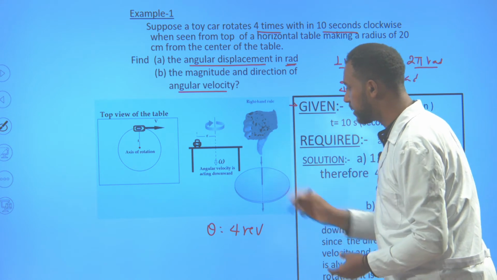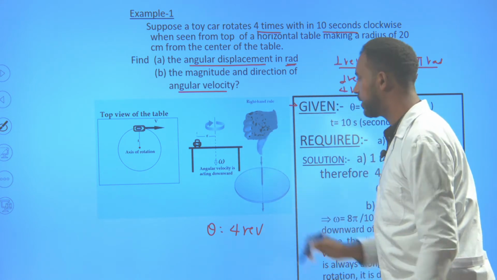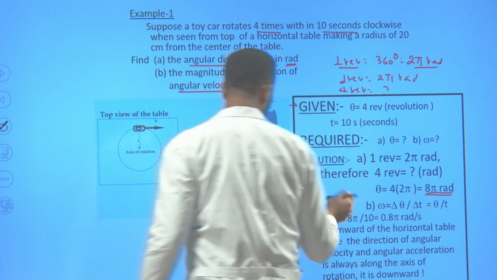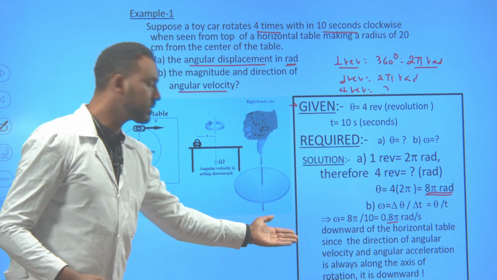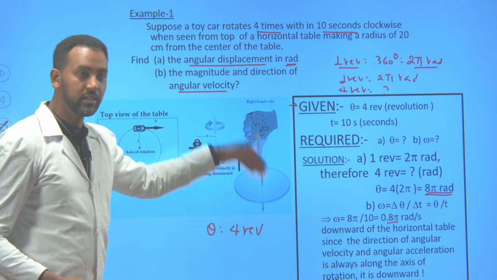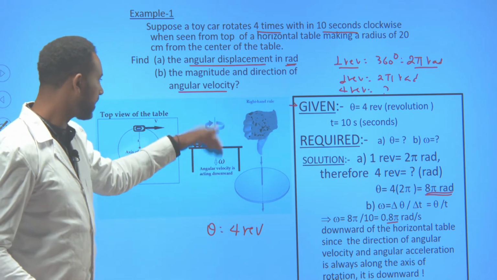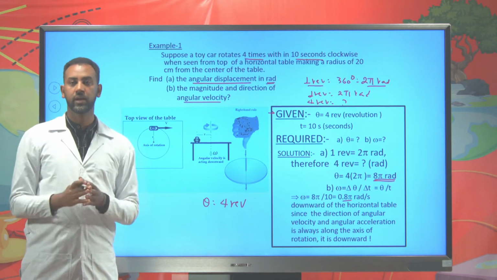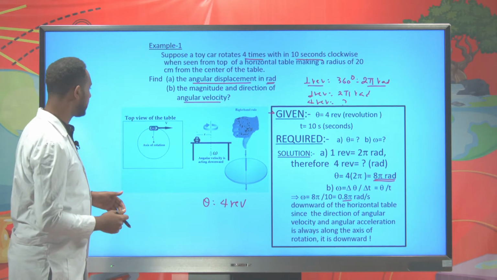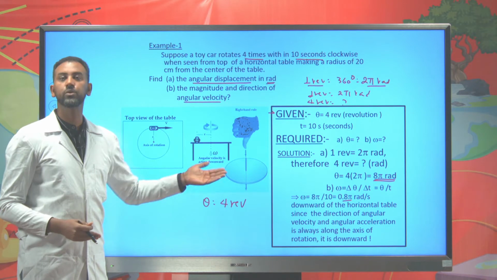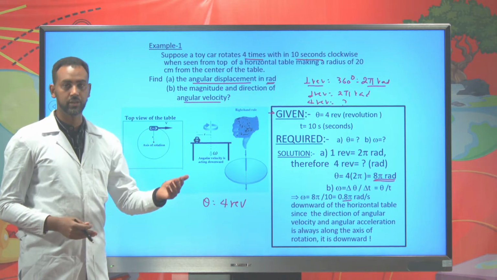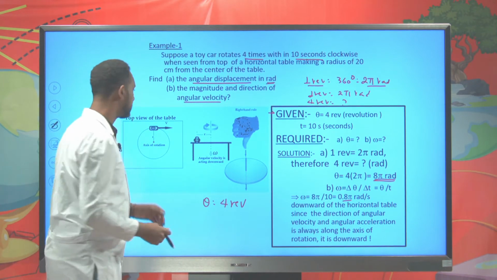The magnitude is 0.8 pi rad per second, whereas the direction is acting downward from the table. This is how we determine the direction and magnitude of velocity. In this case, since the velocity remains constant, we don't have angular acceleration. The angular acceleration is 0.